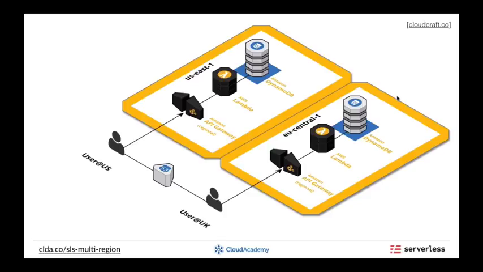A few differences: our DynamoDB tables are set up as a global table, so they are automatically replicated, as we just mentioned. And if you remember, API Gateway used to be outside of the region because it was edge optimized, but now, in my diagram at least, it is inside the region because it is a regional endpoint.